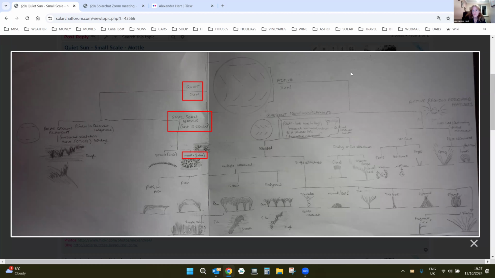So we've got this branch here, the quiescent prominences, over this side, and the active region prominences over here. So once you've got the active sun, you've got these quiescent prominences over here. We've got filaments that you see, and they tend to be orientated in these slanting orientations. These are the filaments, and if you were to see them on the edge, they would be prominences.